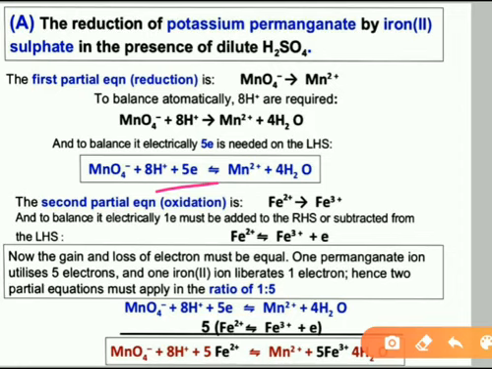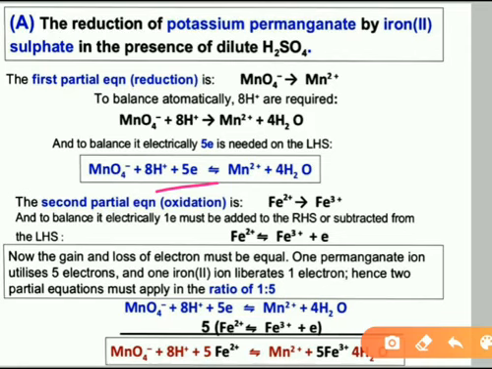In this titration, the second partial equation is the oxidation. Here the Fe2 plus is converted into Fe3 plus, which means ferrous becomes ferric. So this is called an oxidation reaction. Here the ferrous ion undergoes oxidation, so that particular reagent is called the reducing agent.